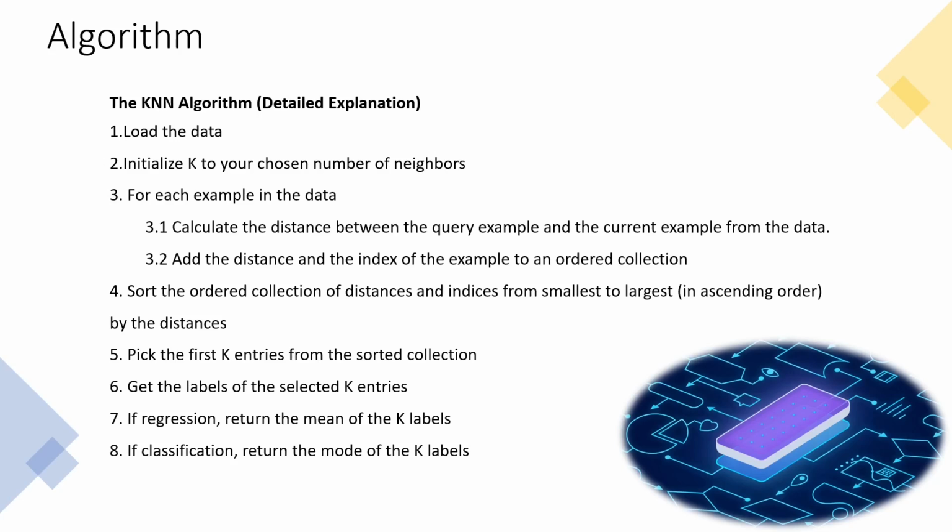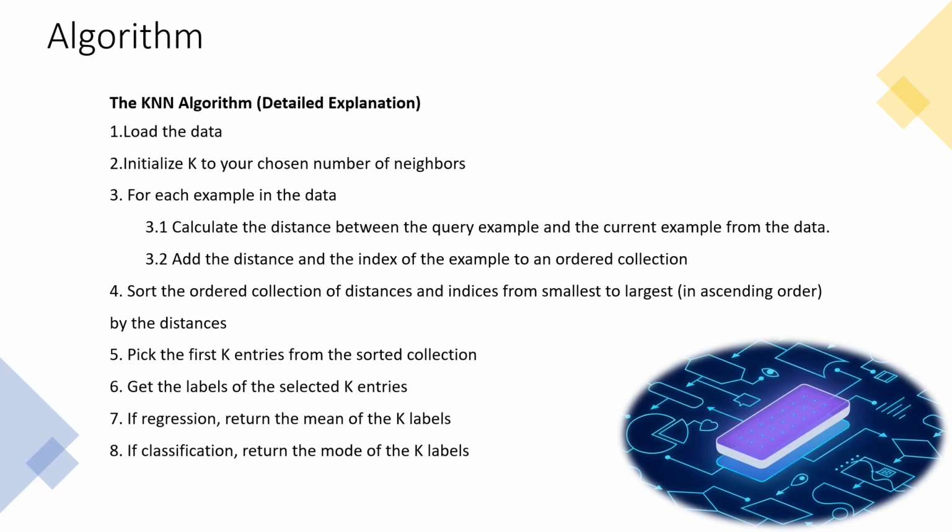If something new comes, then we calculate the distance between the newly coming element and everything else. There are some strategies, obviously. You don't need to deal with everything. That's something we will be seeing. But for now, assume that we brute forcefully calculate the distance between everything else and the query example.